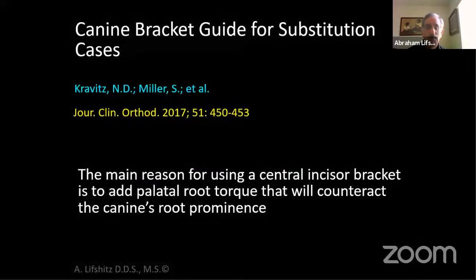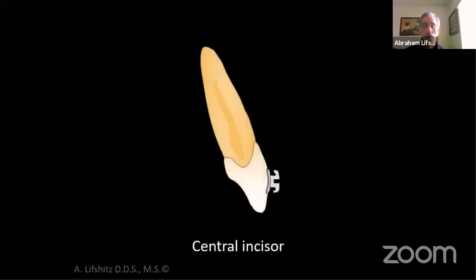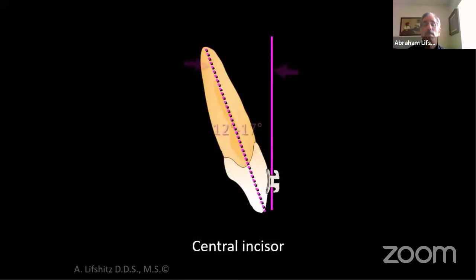Kravitz suggested the reason for using a central incisor bracket is to add palatal root torque that will counteract the canine's root prominence. So that's why it's important to use a different bracket. If you're using a central incisor bracket, you are going to have a prescription of about 12 to 17 degrees, depending on the prescription.